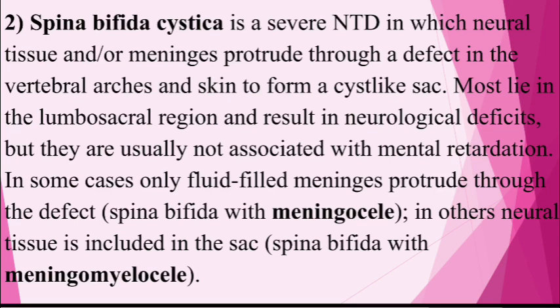Spina bifida cystica can be diagnosed prenatally by ultrasound and by determination of alpha-fetoprotein levels in the maternal serum and amniotic fluid. So you can do it either radiologically by ultrasound or in the lab by sampling the maternal serum or amniotic fluid for the alpha-fetoprotein concentration.